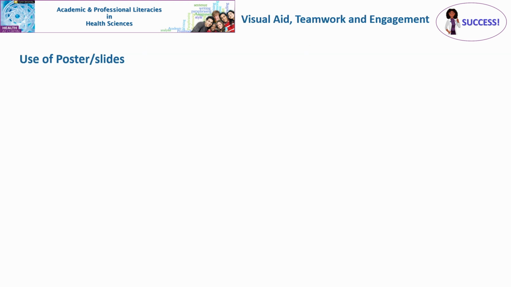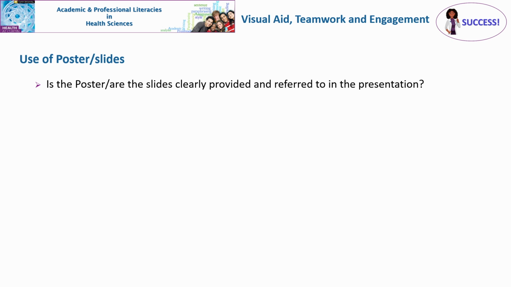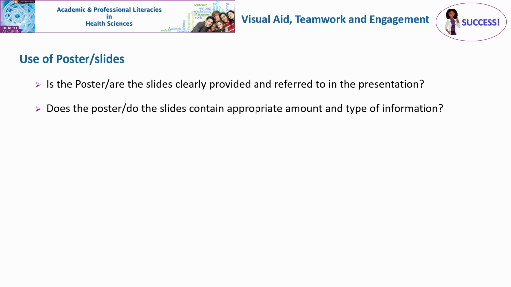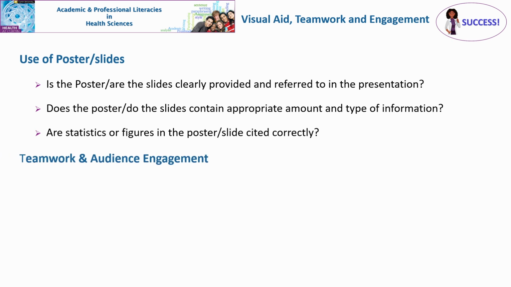As you work together and start to develop your presentation, you need to continue to ask yourself and each other questions. For example, is the poster or the slides clearly provided? Do they contain appropriate information? Is there anything lacking? Is it too much? If you're presenting stats or figures, is that information cited appropriately and correctly?